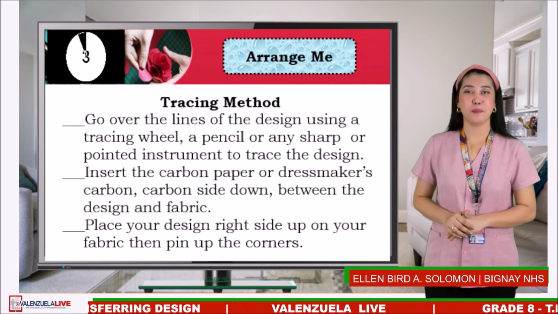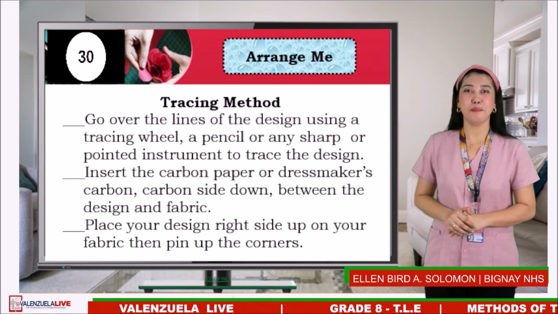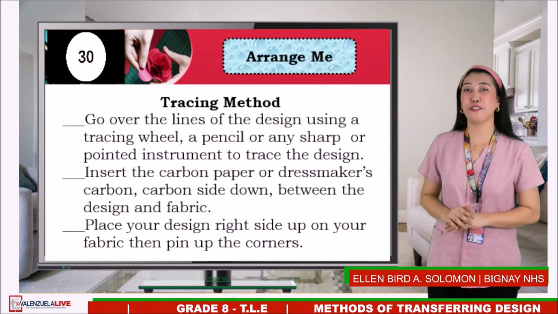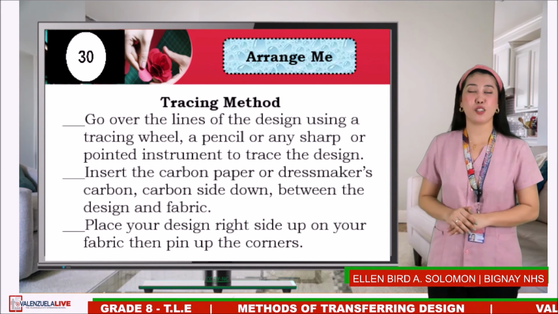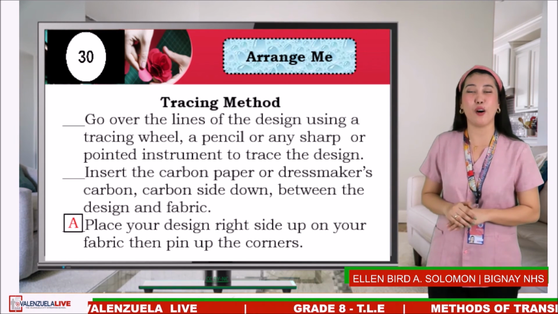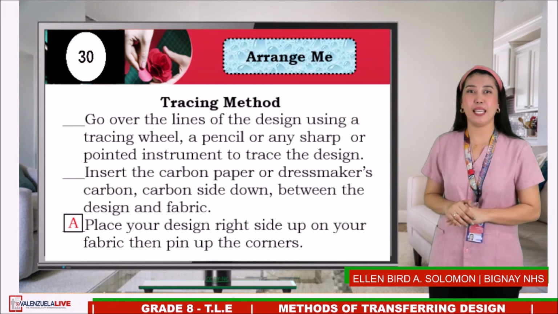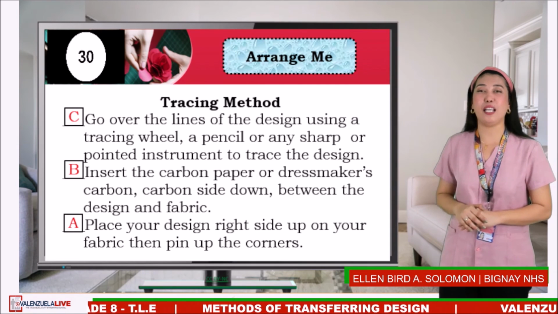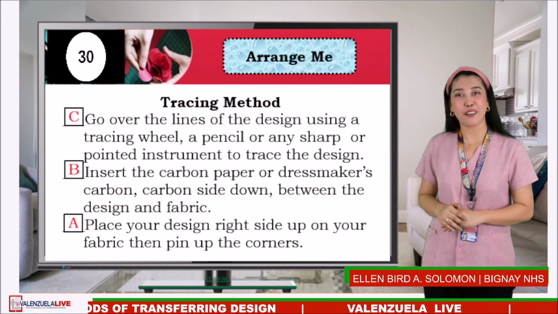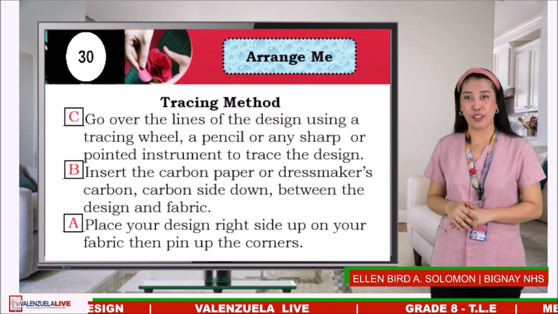Okay. Time is up. So, which do you think is the first step in transferring design using tracing method? Okay, so the correct order of the letters rather is C, B, and A. Okay, so the first step in doing tracing method is place your design right side up on your fabric, then pin up the corners.